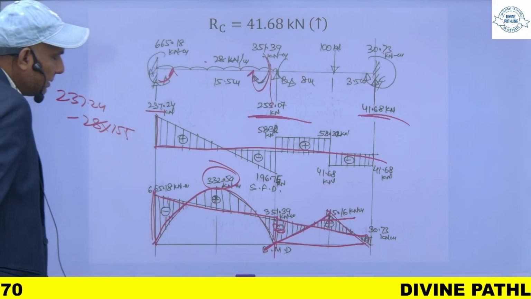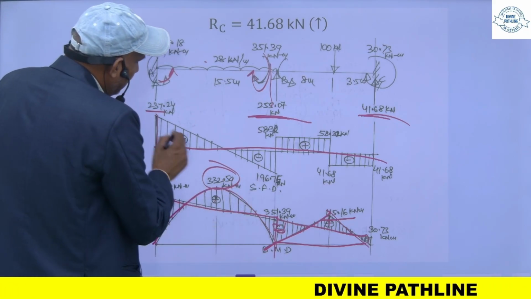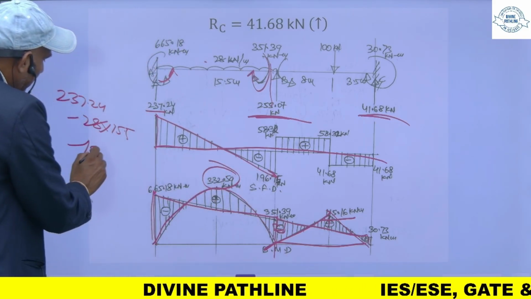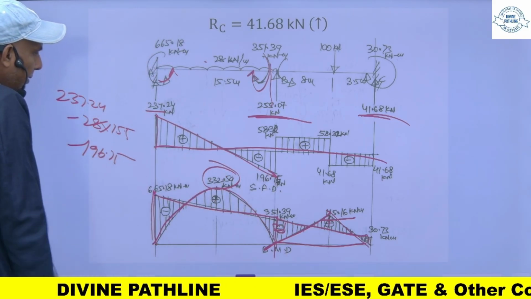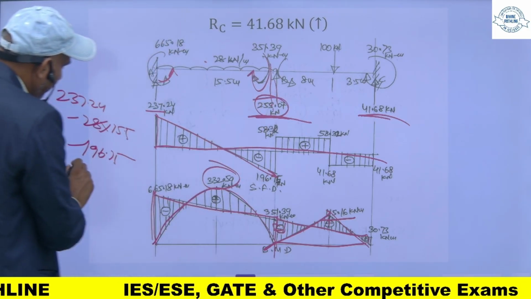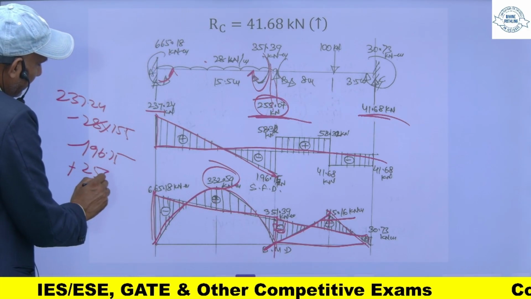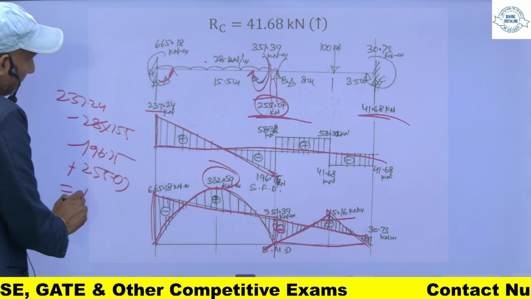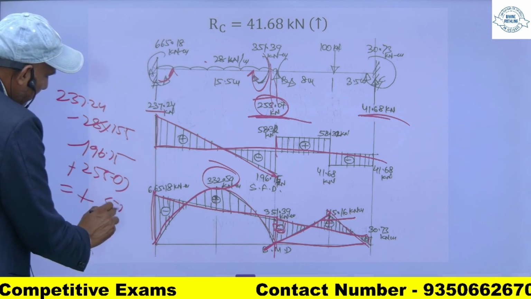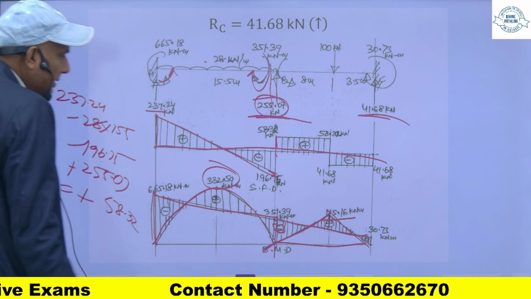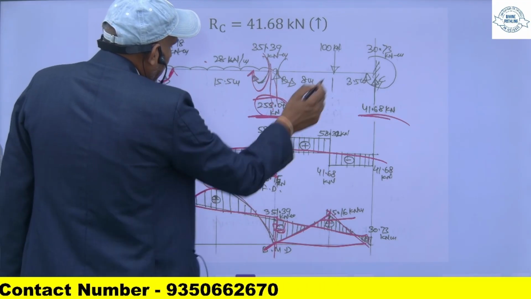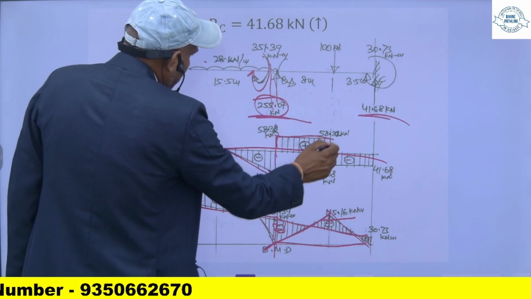So you will get 196.75 minus 196.75, and when you add these reactions 255.07 you will get this one 58.32. This is 58.32. So from this point and this point no load is there, so it will be constant.